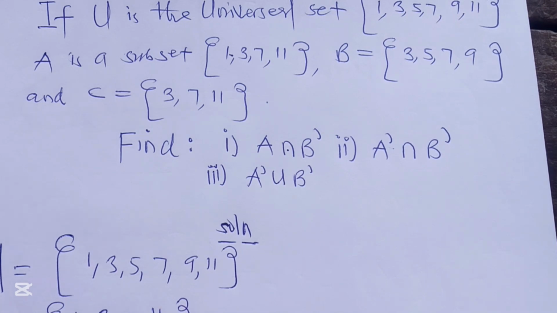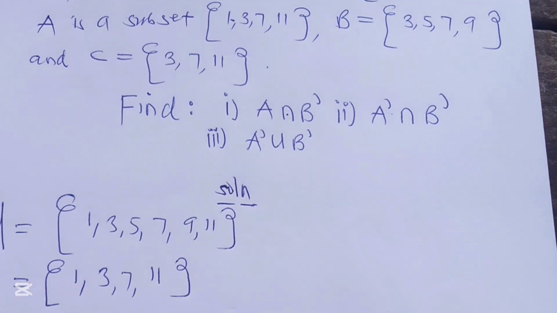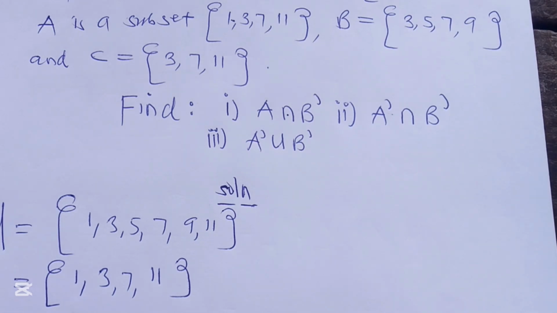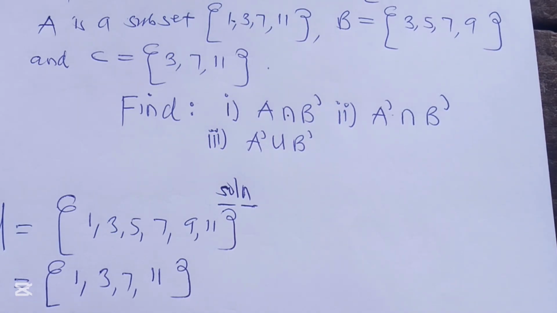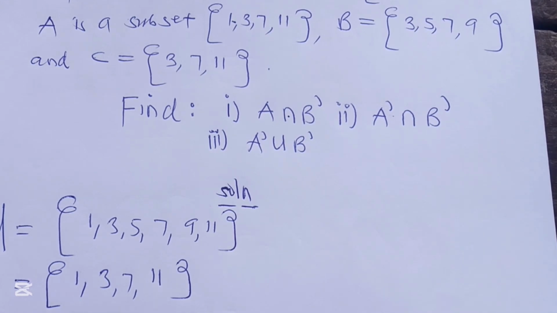Then we are given B as 3, 5, 7, 9. And the last one, C, we are given as 3, 7, 11.